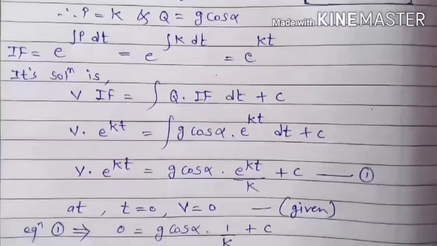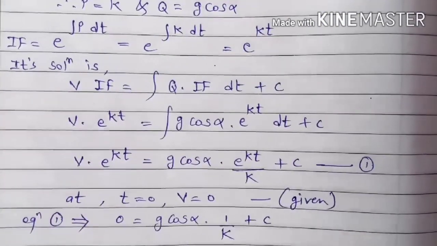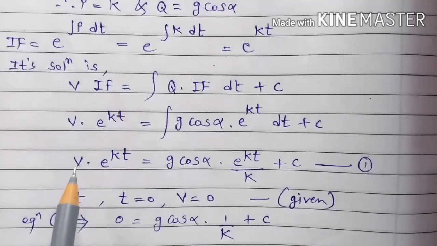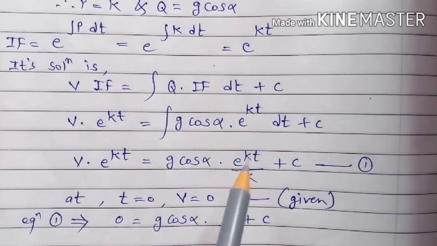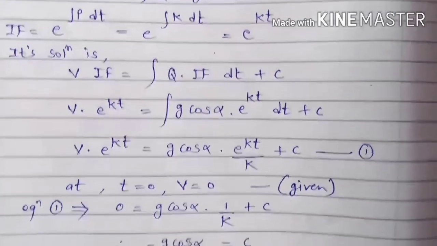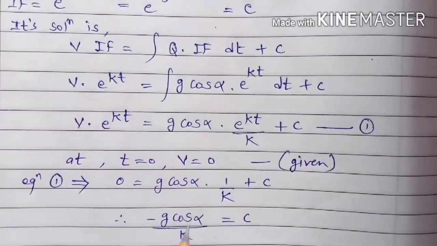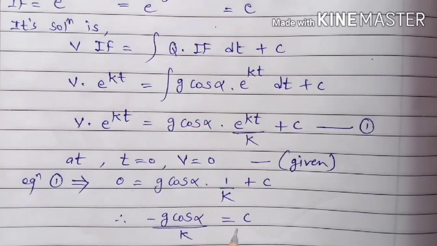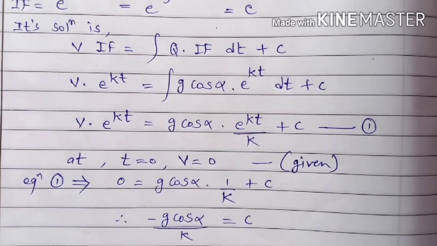If we put v equal to 0 and t equal to 0 in equation 1, left side, 0 into e raised to kt, becomes 0. Right side, g cos alpha as it is. If we put the value of t as 0, it becomes e raised to 0, and e raised to 0 is 1, so 1 upon k plus c. If we shift g cos alpha upon k to the left side, it becomes minus g cos alpha upon k equal to c.